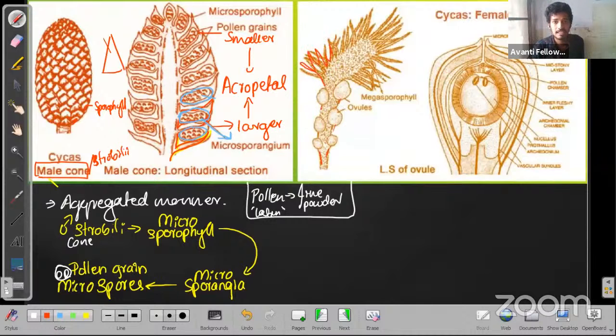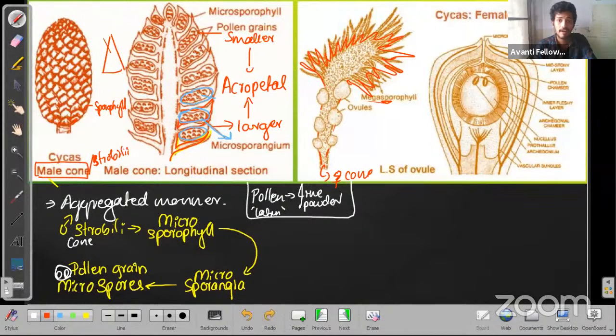Others will be like simple finger-like projections. So this complete structure I can call the female cone, and all the finger-like structures I can call the megasporophyll.